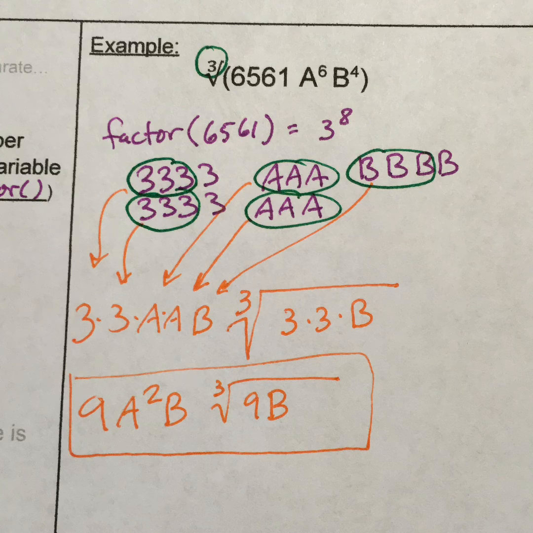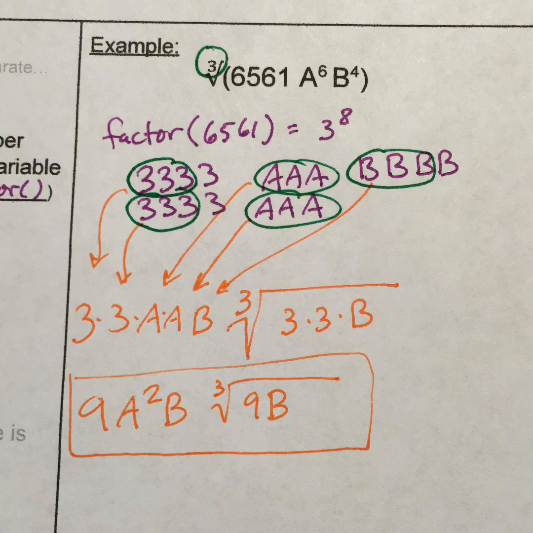So to clean this up for a final answer, I will be multiplying each of the things outside together, making a 9a squared and a b, and multiplying the inside pieces together, making a 9 and a b. And I'm also very careful to write that 3 as part of the radical as separate from the b, so that it does not get confused as a power of b, but rather stays the index of that radical.